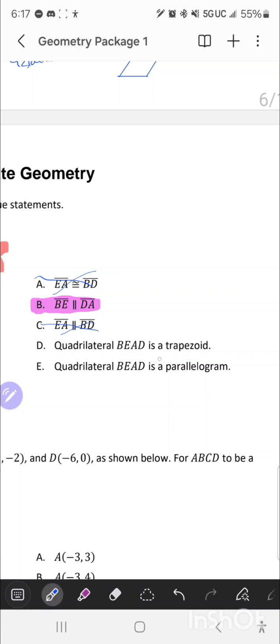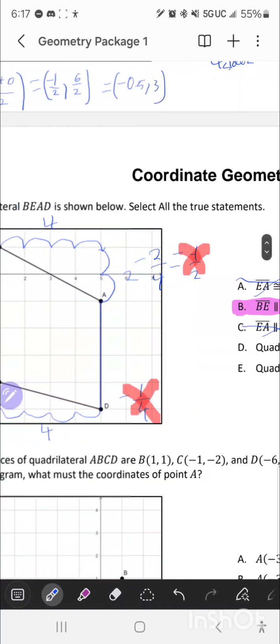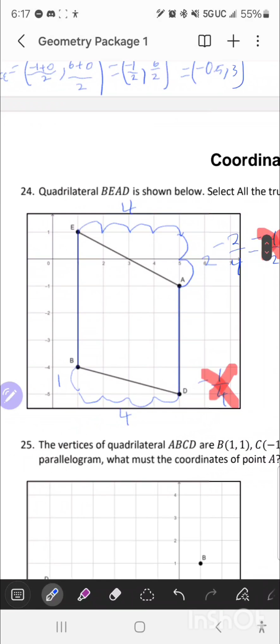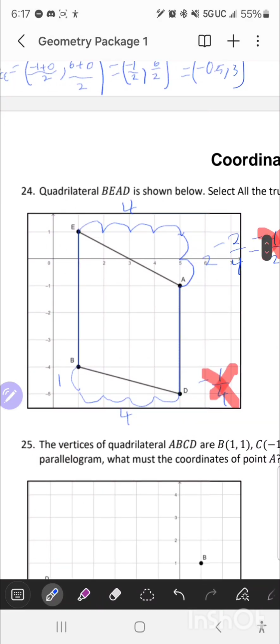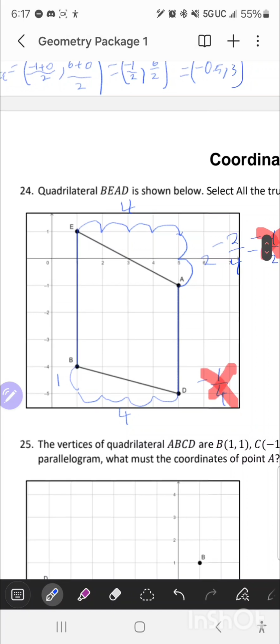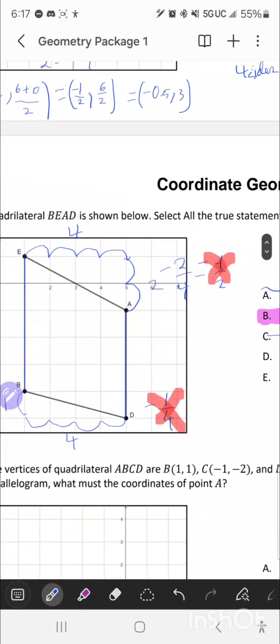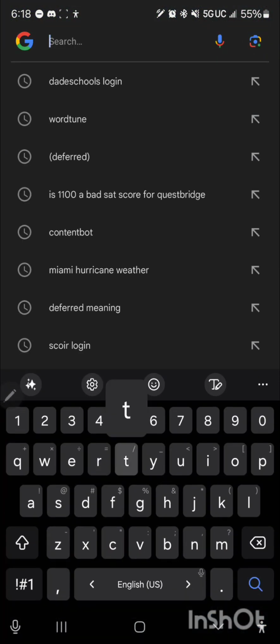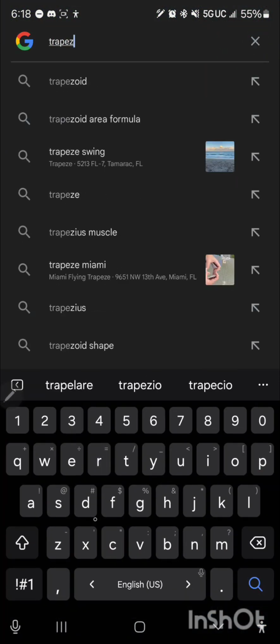Quadrilateral BEAD is a trapezoid. I will say yes, because of what I remember for the properties of a trapezoid. I'm going to search them right now. Trapezoid.